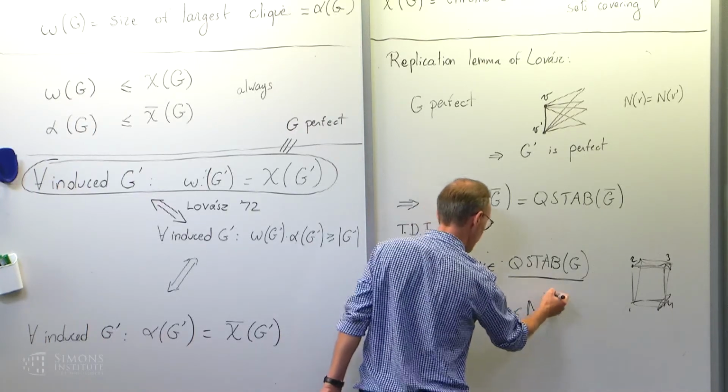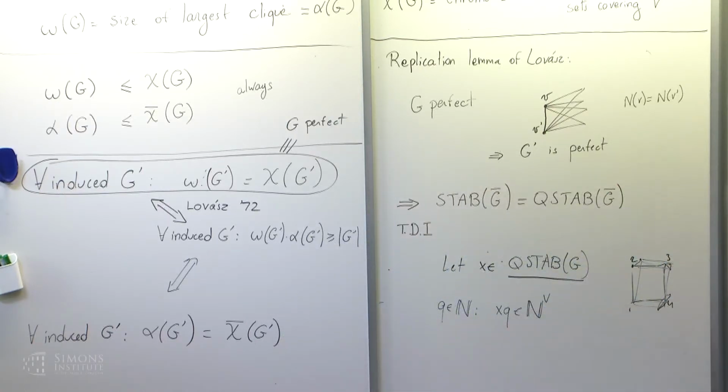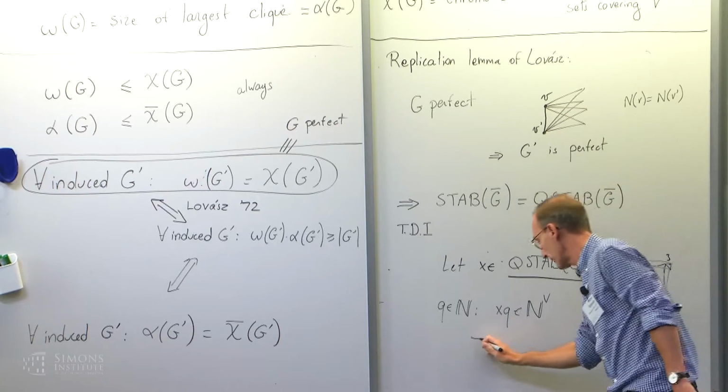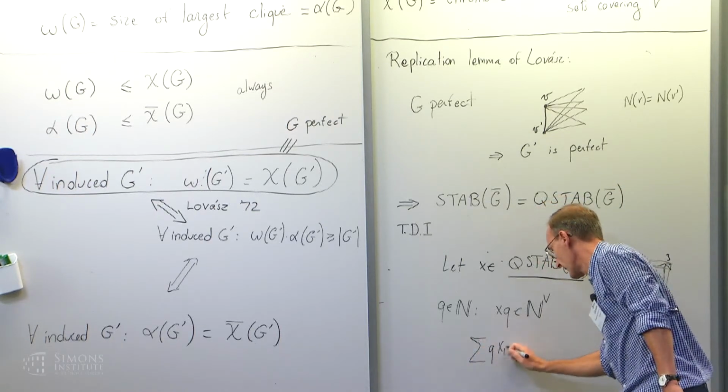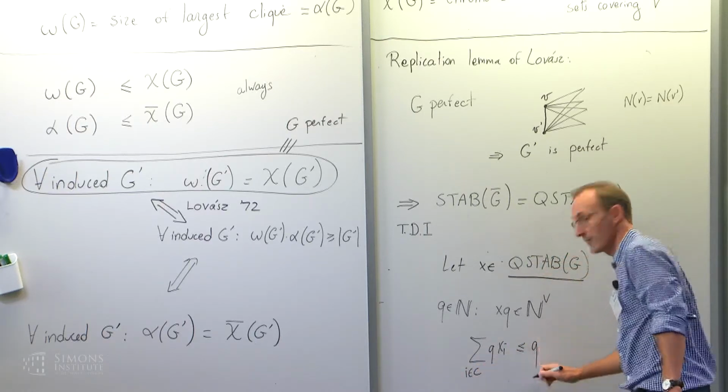Since for every clique the sum of xi is at most 1, the sum of qxi over every clique is at most q.